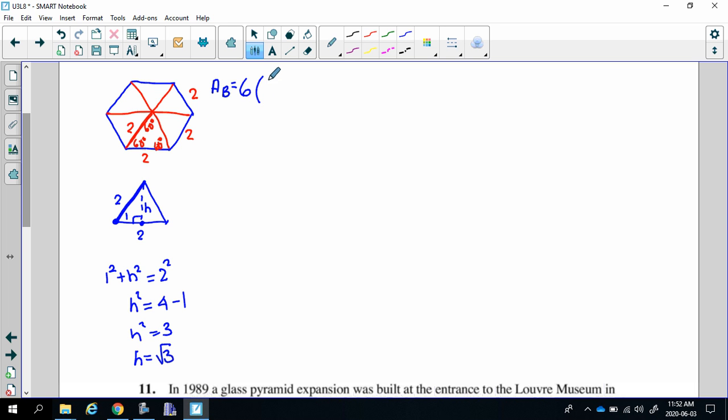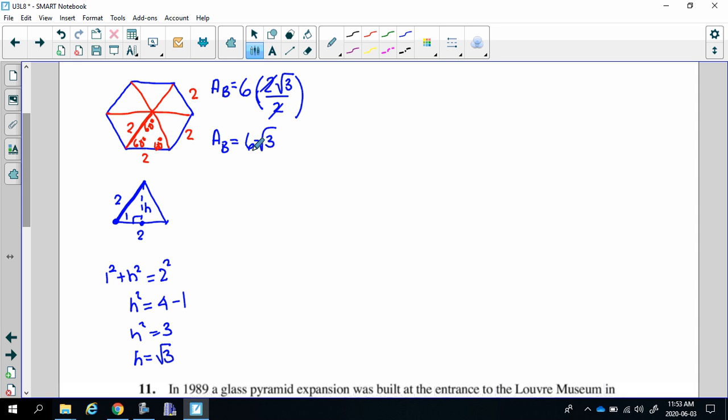So it's going to be 2 √3 divided by 2. So base times height, so 2 times √3 over 2. Okay, so I can cancel out my 2's here. And the area of the base is going to be 6√3. Okay, so that's my area of the base.